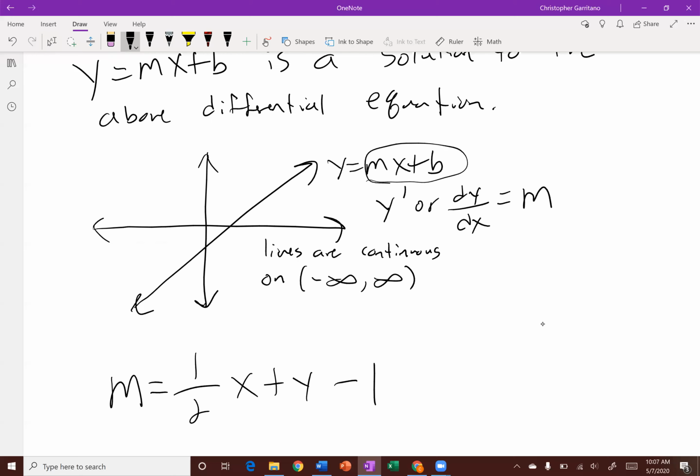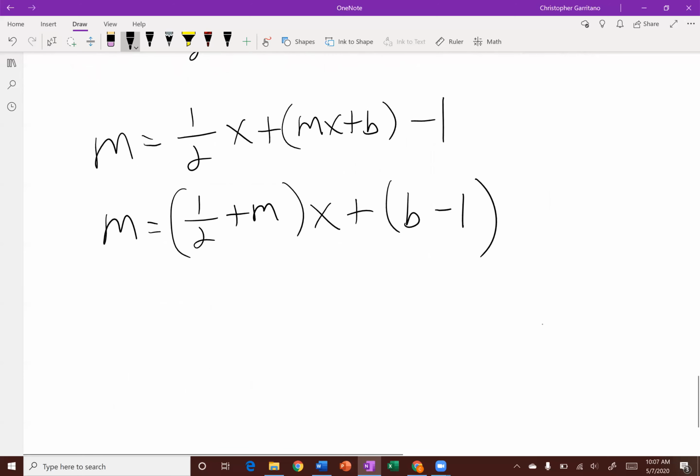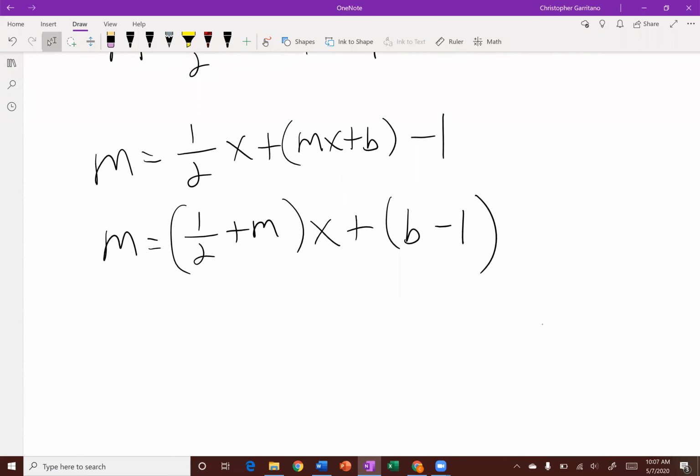Not only that, lines are not only continuous, but also differentiable. So not only is the line continuous, but so is the derivative. The point I'm trying to make is I can choose any value x and plug it into my equation, because the function and its derivative are defined for all values of x.